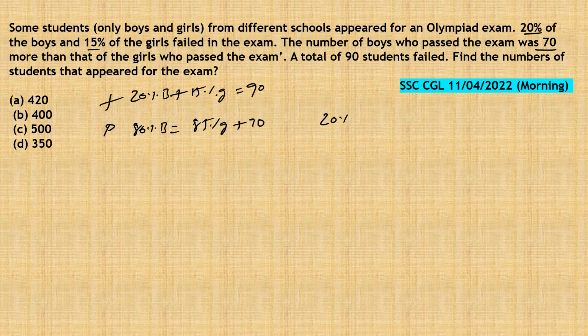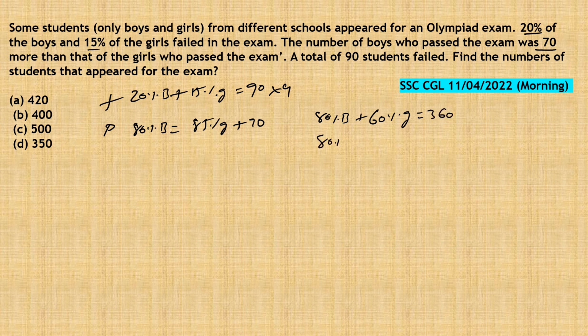Directly, 20% of boys into 4 is 80% of boys, plus 15 fours are 60% of girls, equals 90 fours are 360.